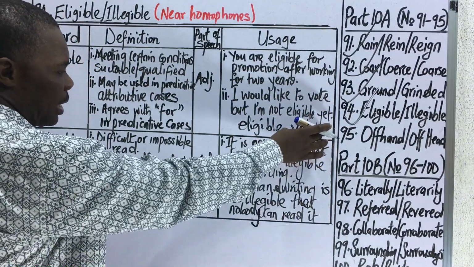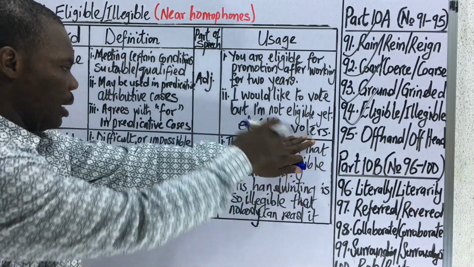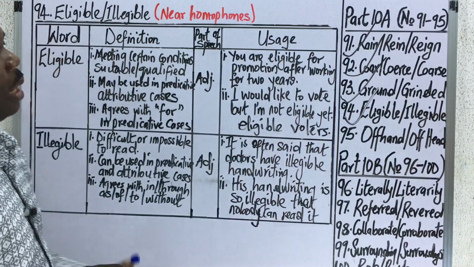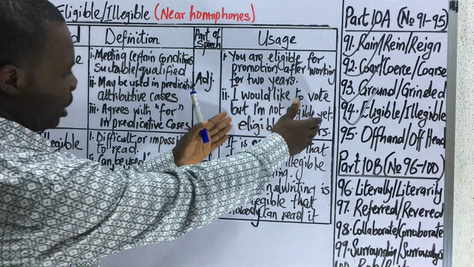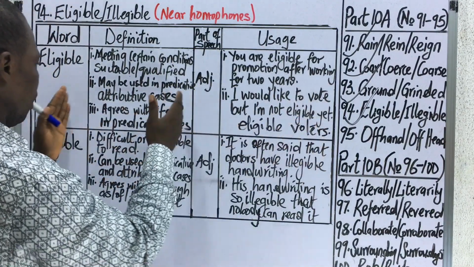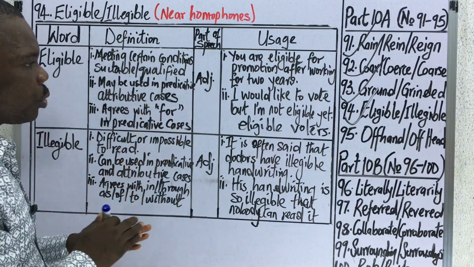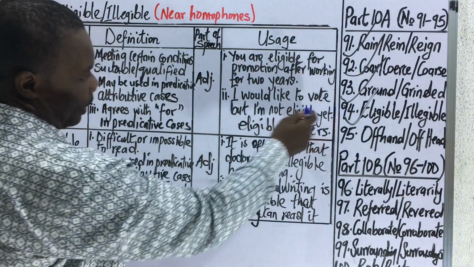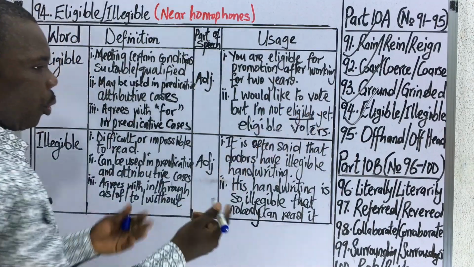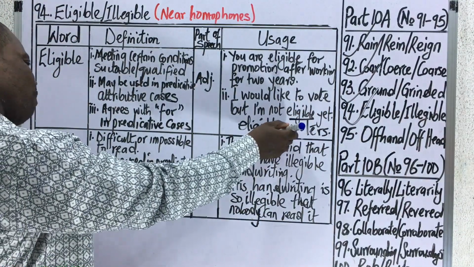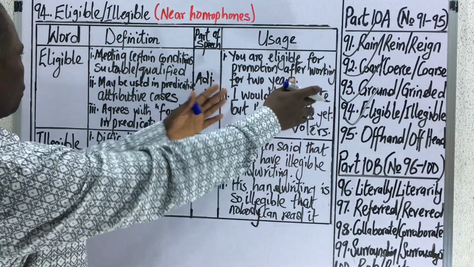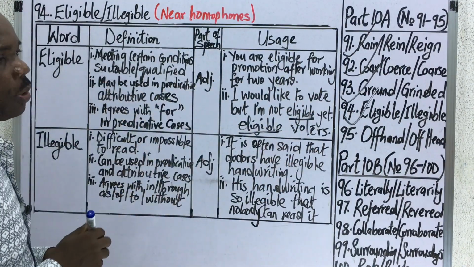So voters here is the noun, while eligible is being used as an attributive adjective to modify the noun. So this is to portray the fact that the word eligible can be used both as a predicative adjective, that is, I am not eligible, or as an attributive adjective to say eligible voters. So this is how to use eligible in expressions.